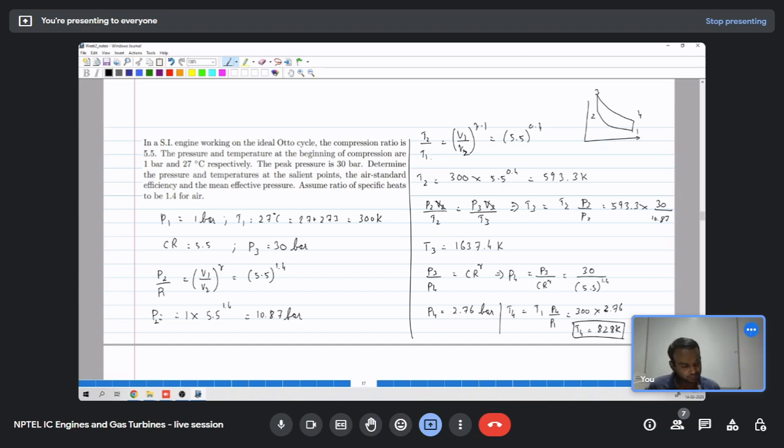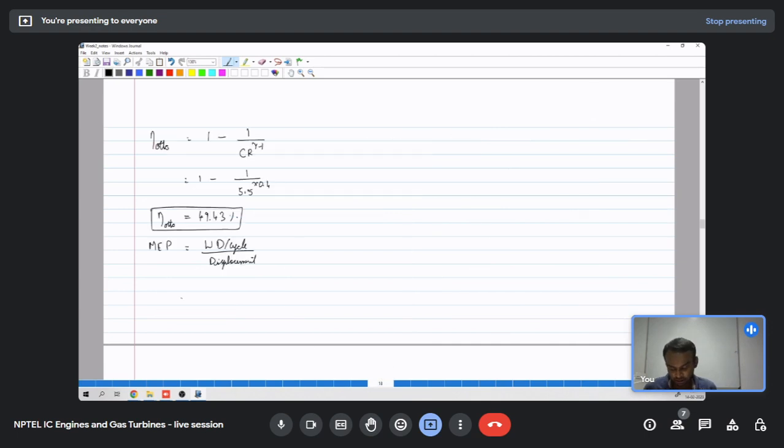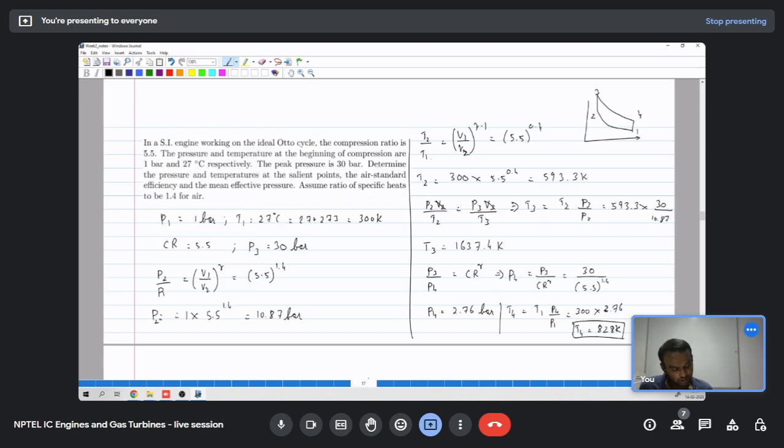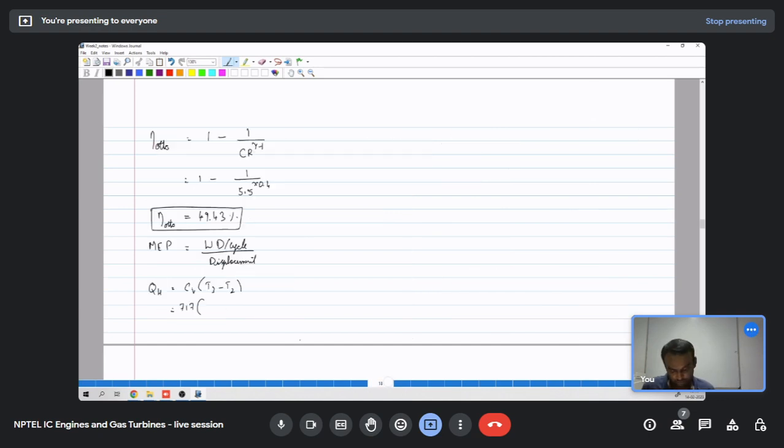As we calculated earlier, QH, the heat added, is Cv into T3 minus T2, which is 717 into 1637 minus 593.